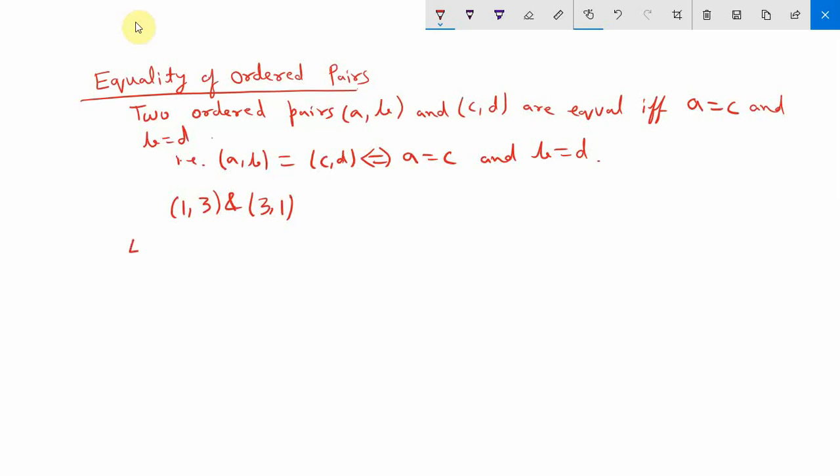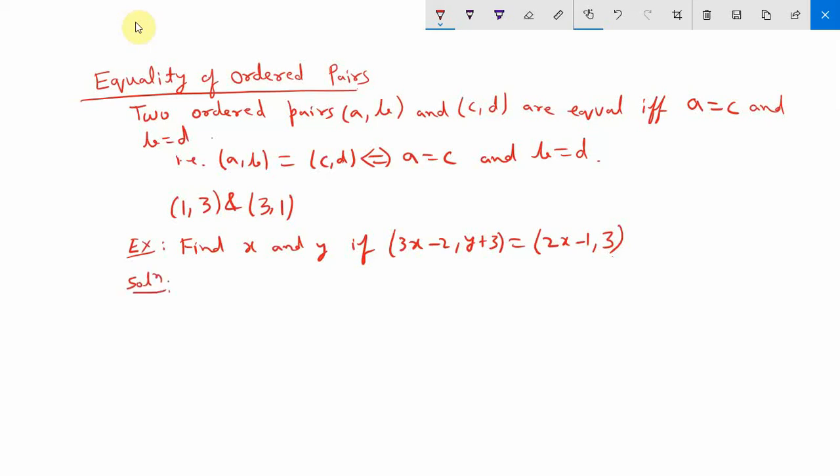So we will take a problem on this. Find the values of x and y. Find x and y if (3x - 2, y + 3) is equal to (2x - 1, 3). So how we can find the values of x and y?